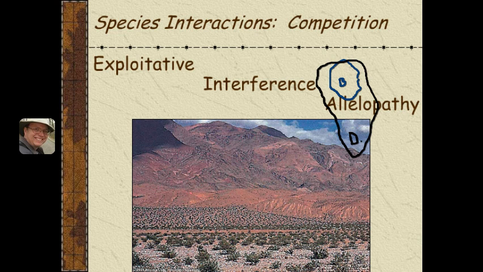Instead of resource partitioning, what's going to happen is something called competition. And we're going to see competition develop between B and D, and at the conclusion of this competition, only one species is going to be utilizing the resources and the interactions in that niche, in that particular place, at that particular time, which is to say, one of these guys got to go.